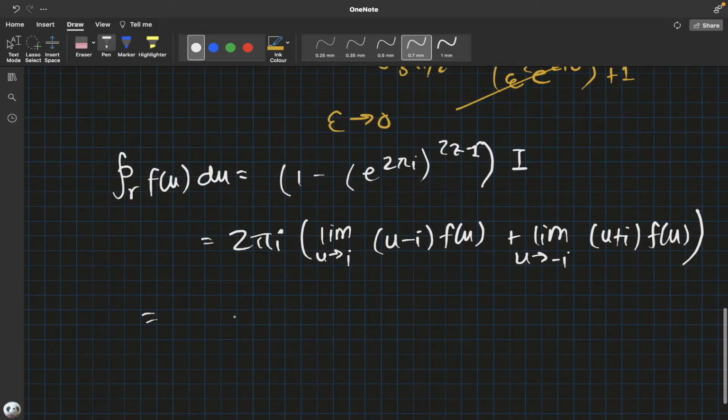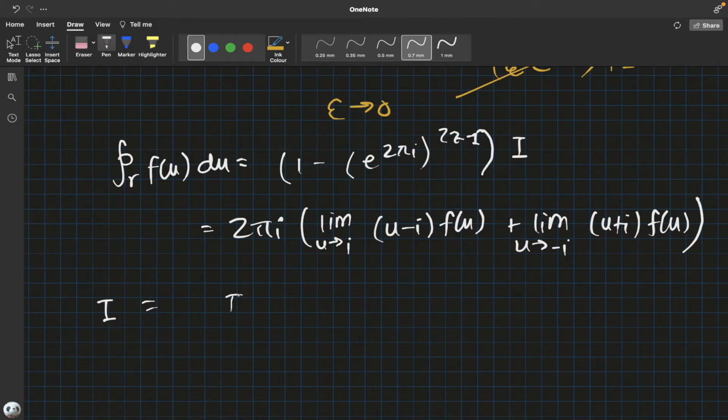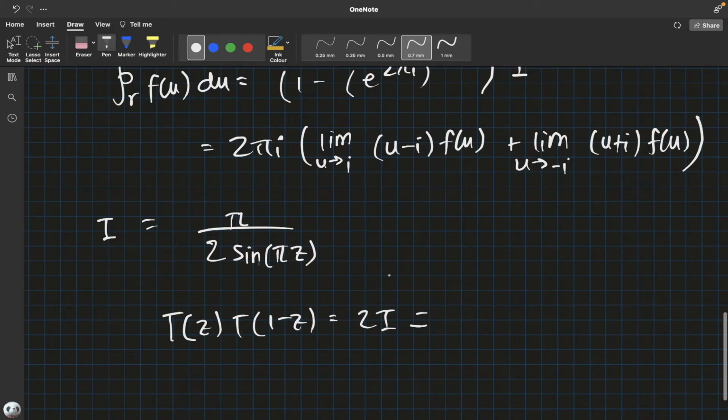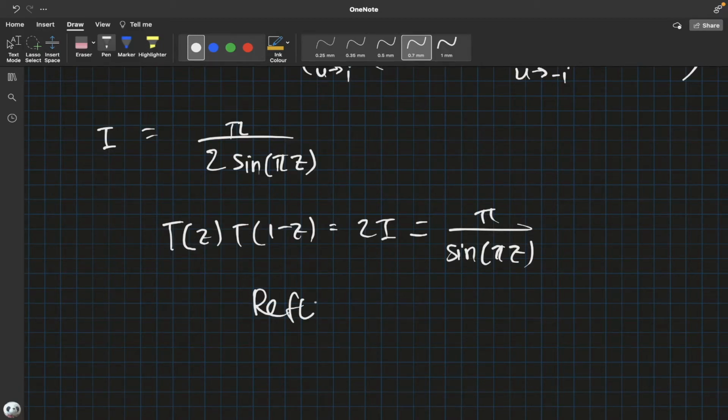And you can simplify this a lot, and I'm probably going to skip that step. You get pi over 2 times sine of pi z. But notice what we were working with initially, where this is 2 times I. So 2 times this is pi over sine of pi z, and that's another way of proving the reflection formula for the gamma function.